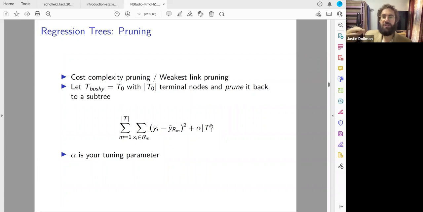The way I think it's most intuitive to think about this is that if you want to make a split, the factor weighted by alpha is like saying, all right, you want to split, that'll cost you whatever alpha is. That's the way that I like to think of it.